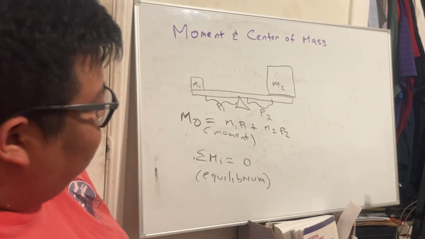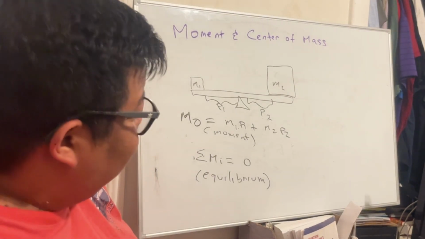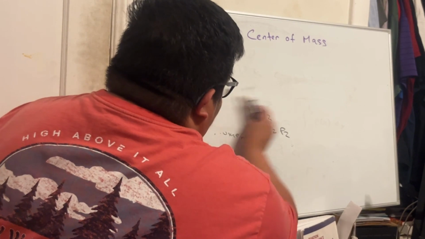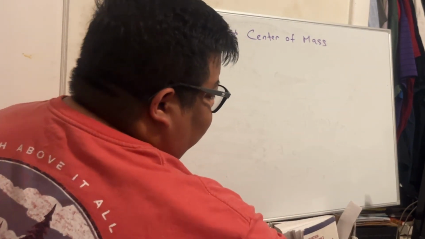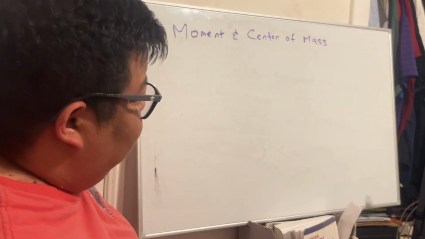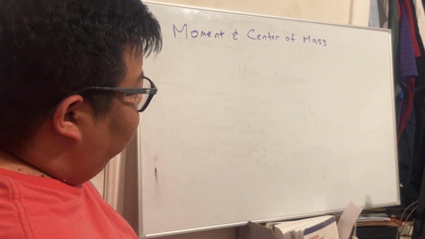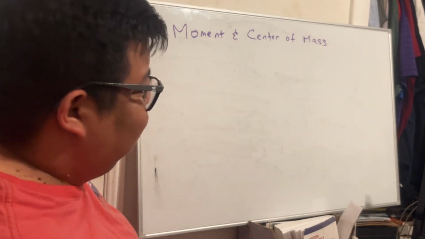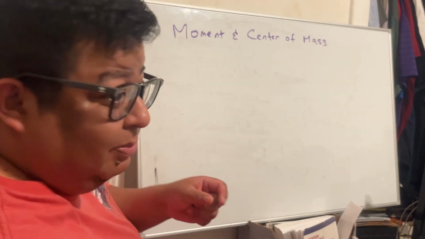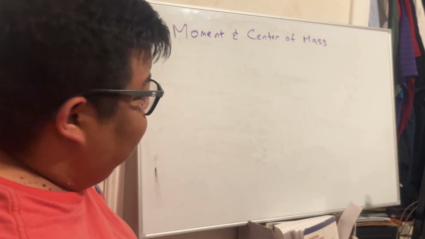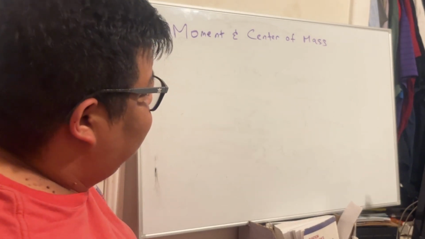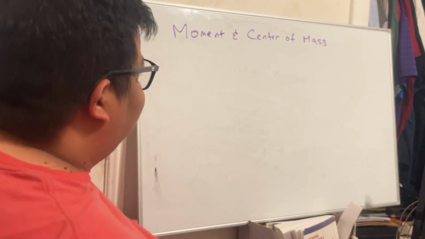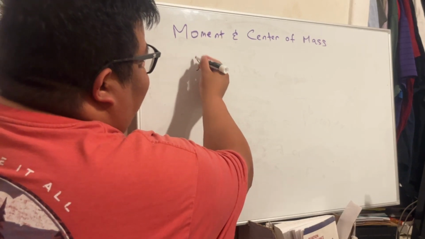Sometimes to get to that equilibrium, we have to modify this formula. Let's say we want to find the center of mass. That means we have to shift each object in the seesaw, or the system, by a horizontal unit, and we call that horizontal unit x bar.